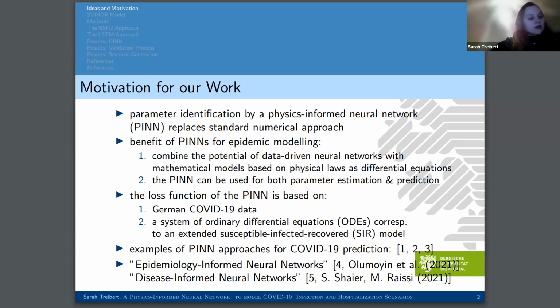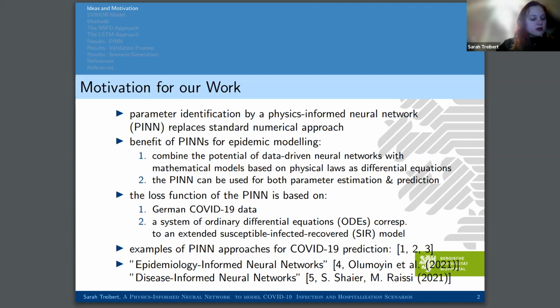Both the numerical and also the data-driven techniques we use here were applied to create future pandemic scenarios, meaning they were not only used for parameter identification or estimation. Regarding the numerical technique, this was also performed in my master thesis, where the Runge-Kutta scheme and the non-standard finite difference scheme were applied to develop the model over several points in time.